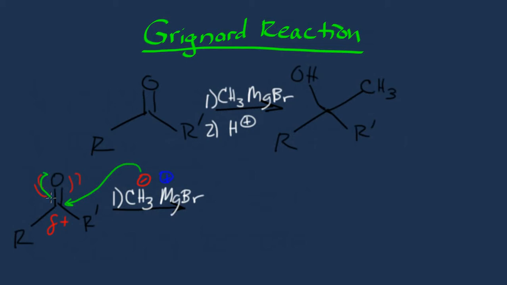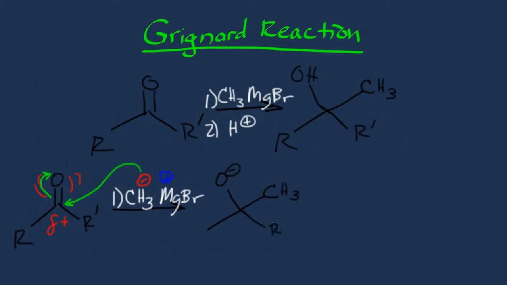We're going to see the electrons of this carbonyl double bond being pushed up to our oxygen, giving us our first intermediate. So we have O minus. We've successfully attached our alkyl group.